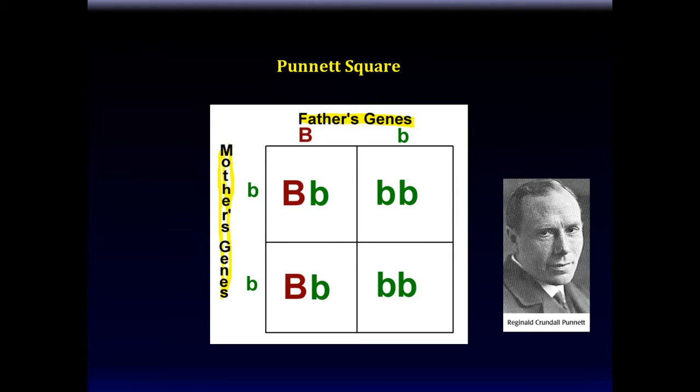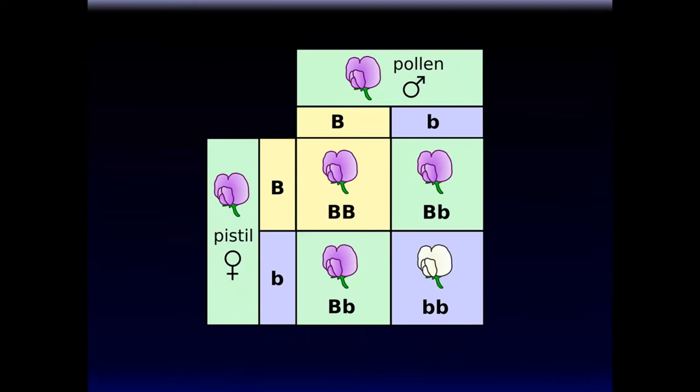These would be the different alleles that the father's genetic makeup is able to produce, and these would be the different alleles that the mother's genetic makeup is able to produce. This is Reginald Crundall Punnett, and it's named to honor him.